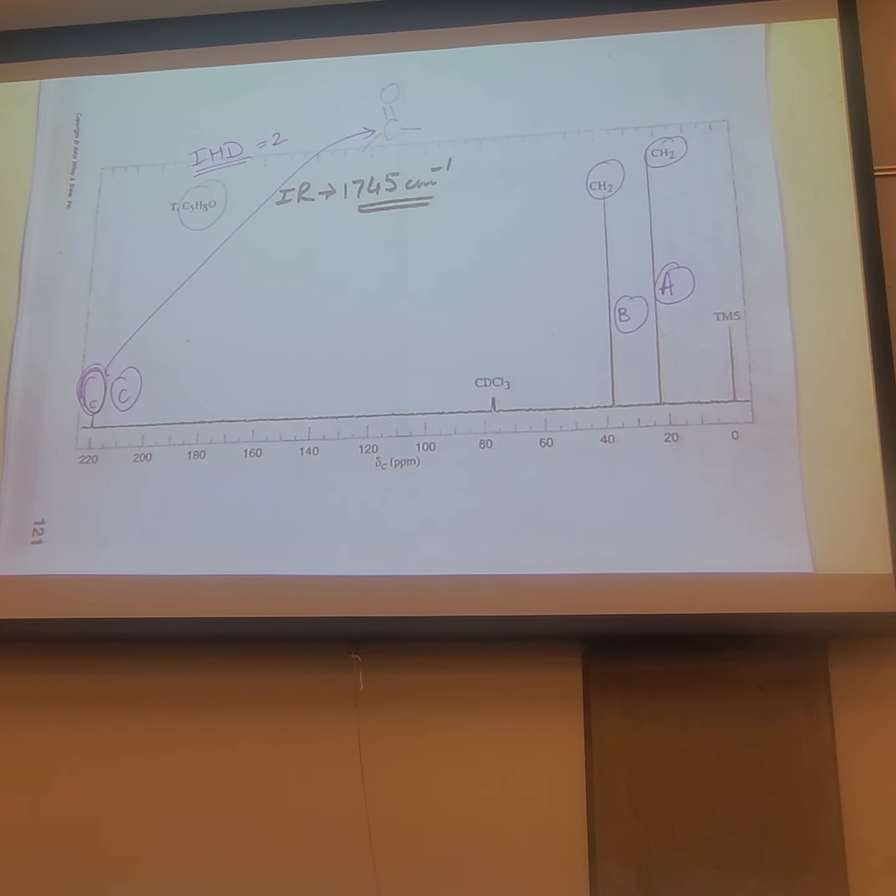I think it might be a cyclopentane, and then we have CH2, CH2. How many CH2? You all get cyclopentanone, a ketone with 5 carbon atoms. Perfect. Does everybody agree?